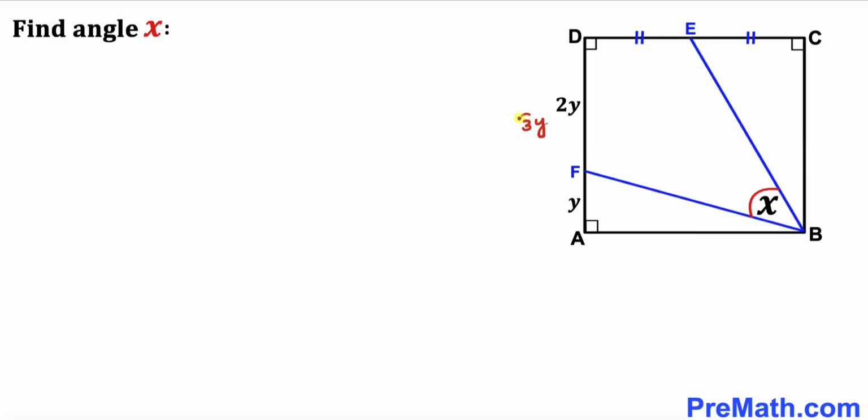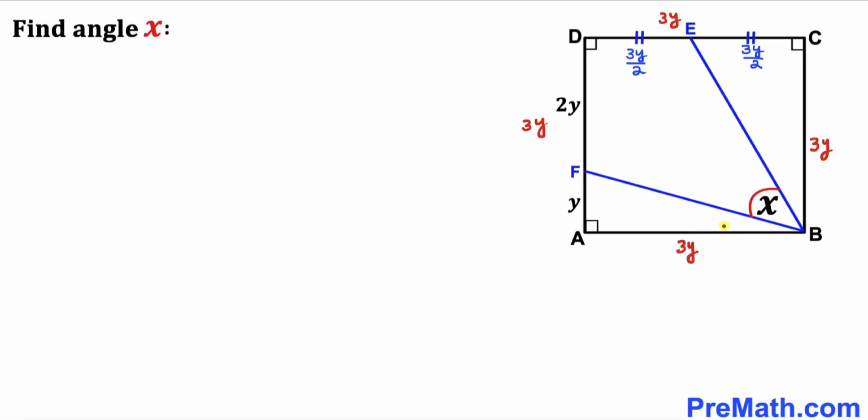So if this side length is 3y, then the other sides have got to be 3y as well. And now we know that E is a midpoint. Therefore this line segment DE is going to be 3y divided by 2. Likewise, this line segment EC is going to be 3y divided by 2 as well.